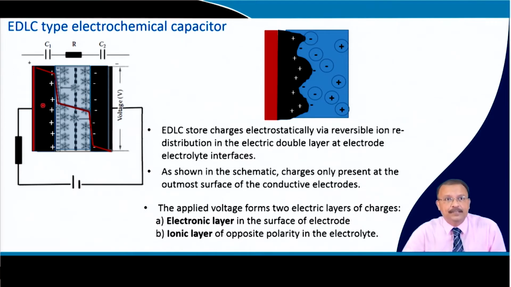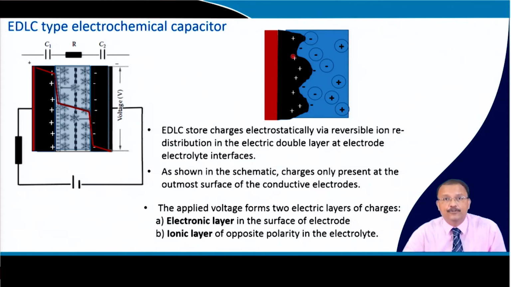Here is the example, there are two electrodes, and during charging there is a surface charge on the electrode surface, only the surface phenomenon is involved, and then you have electrolyte, and the electrolyte has counter charges, and they basically adhere to this charged surface. One is positive, another one is negative. So, counter ions are different, and they are only present in the outermost surface of the conductive electrode.